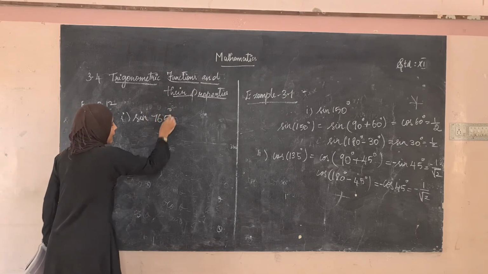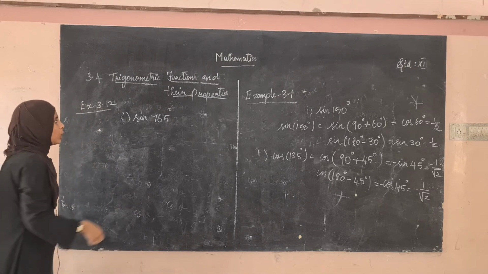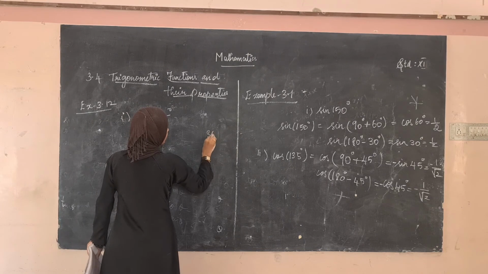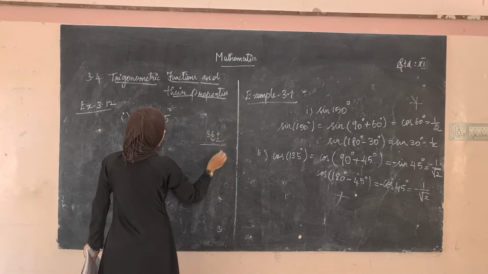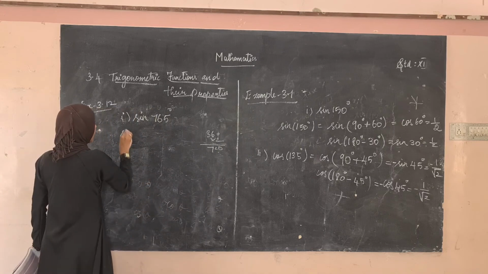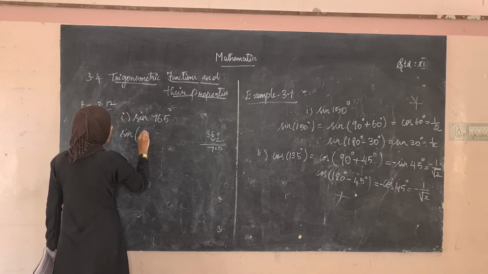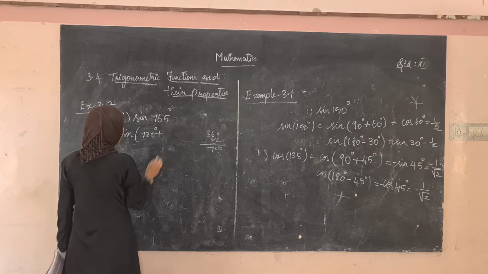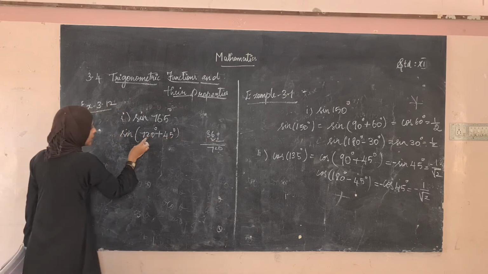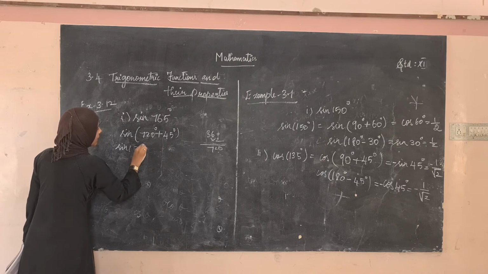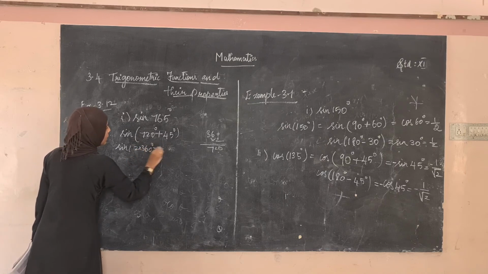Okay, see, the biggest value we saw is 360. So you have to write this in multiples of 360. What is 360 into 2? I think it's 720, right? So this can be written as sin of 720 degree plus 45 degree, that is sin of 2 into 360 plus 45 degree.